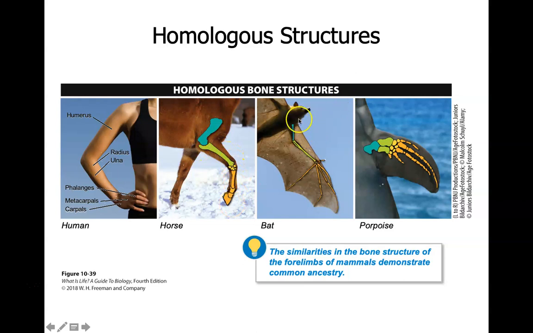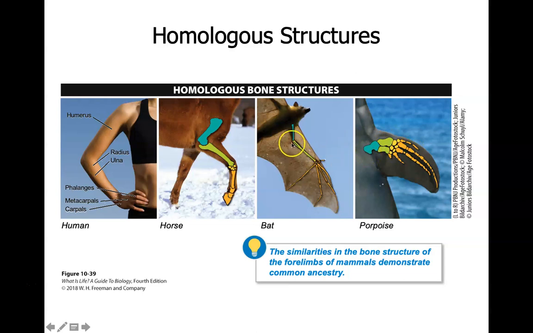Bats have adapted their arm structure for flight. So they have these really long finger-like structures that are not used for grabbing things, but they're used as part of their wing support structure. And then we've got this porpoise who's not using its hands to grab anything, but rather the hands are part of the flipper structure that's being used to swim.